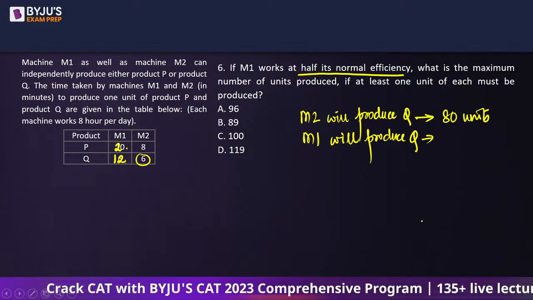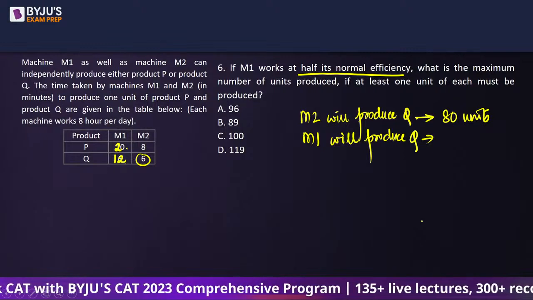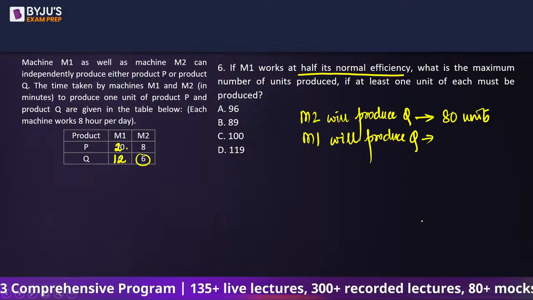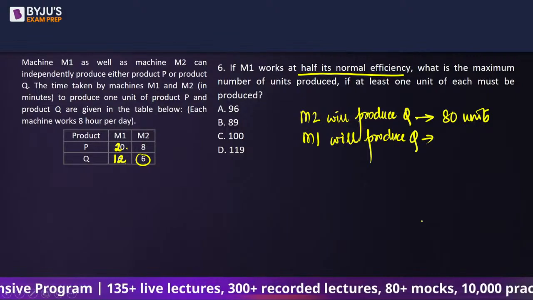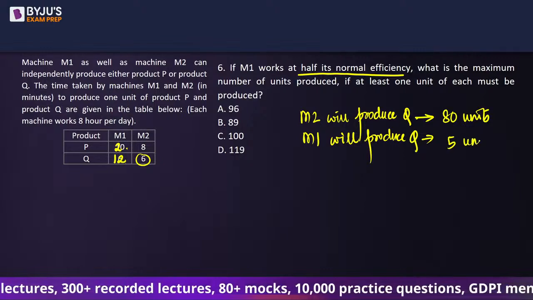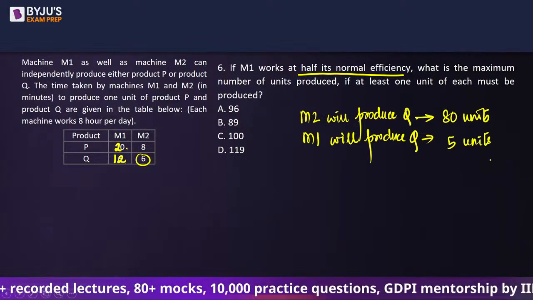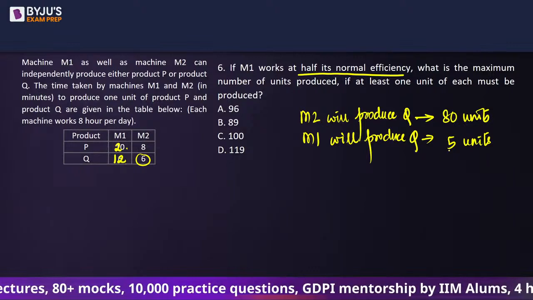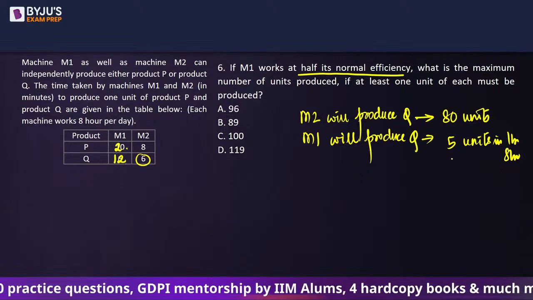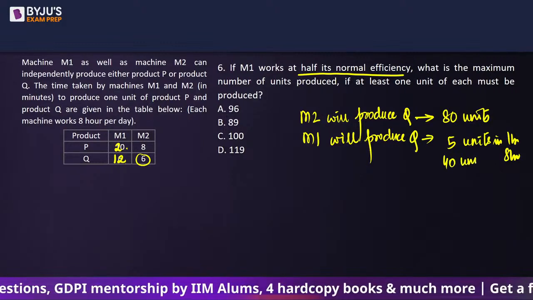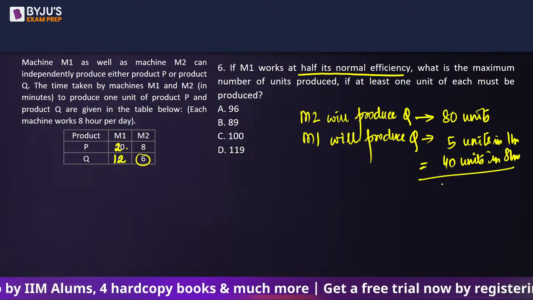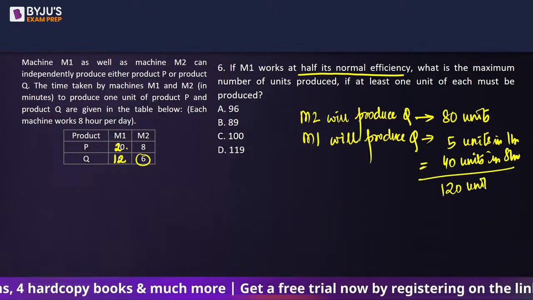Now M1 takes 12 minutes to produce 1 unit of Q. So यानी कि 60 minutes में it will produce 5 units. Right? तो 8 hours में it will produce 8 into 5, 40 units. So we will have a total of 120 units that will be produced.